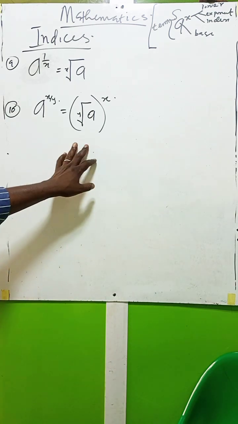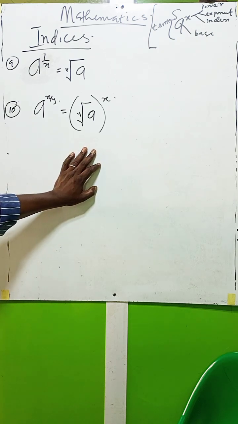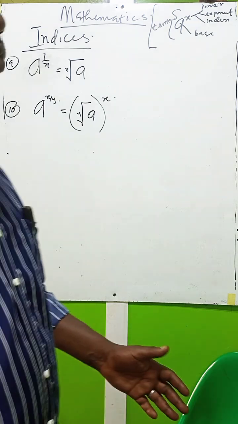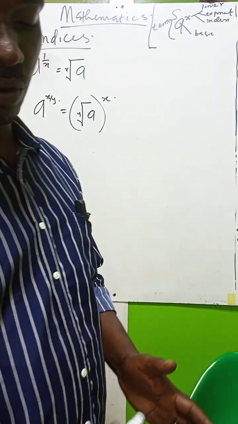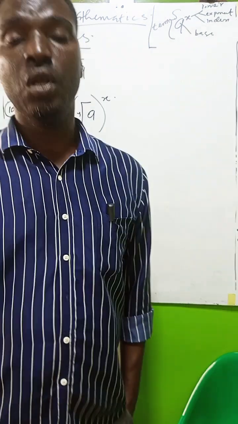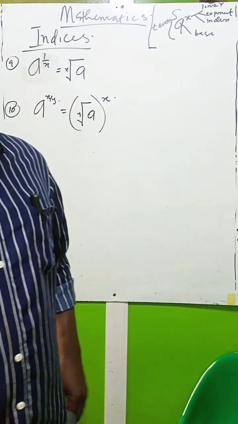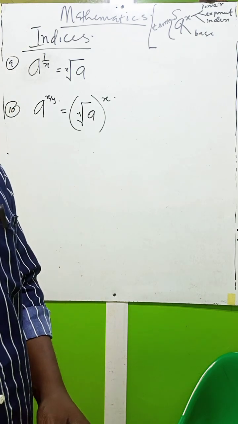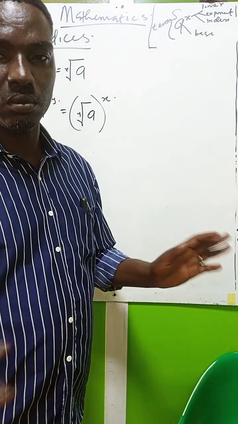Now, I want you to understand that the reciprocal of a number is 1 divided by that number. Reciprocal can also mean the inverse of a value or a number. Now, having seen these 10 laws, we will solve examples in categories as it relates to the laws.